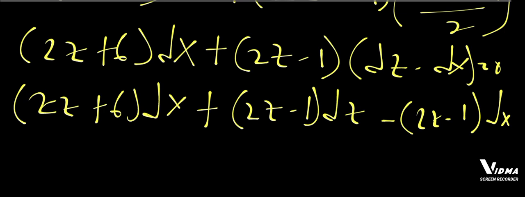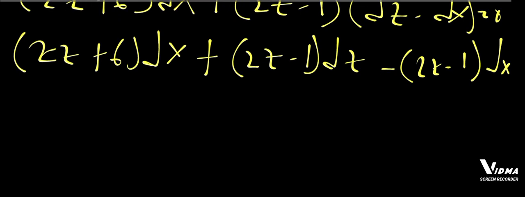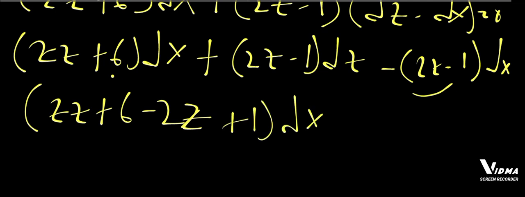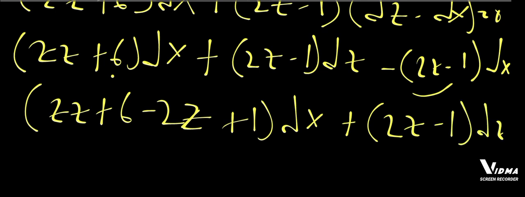So I can see that I can do some manipulations here. We have dx and we have dx, so I can combine them and write this (2z plus 6). I'm bringing this one here, so this one becomes minus 2z and plus 1. Minus minus gives me plus 1 dx. I have plus (2z minus 1) dz being equal to 0.